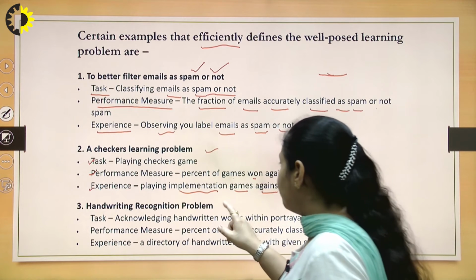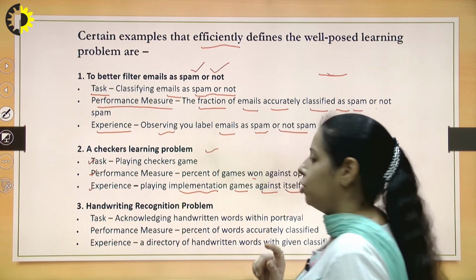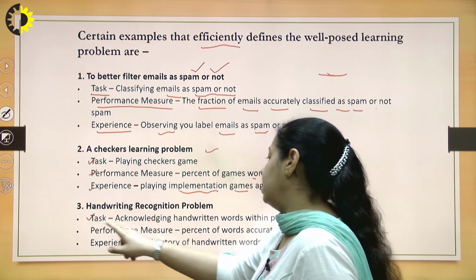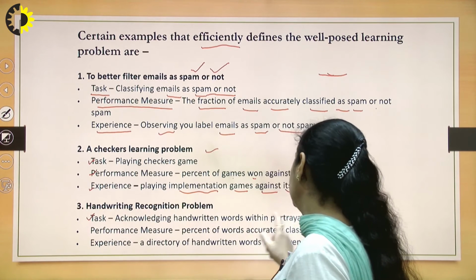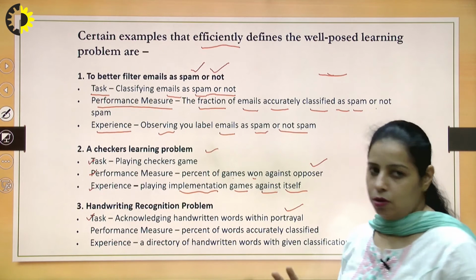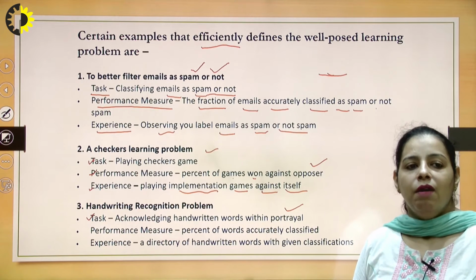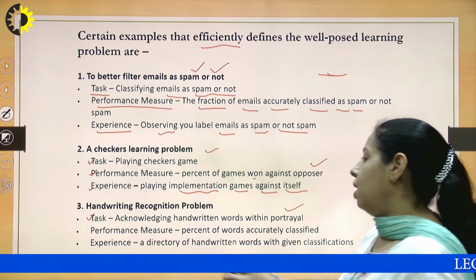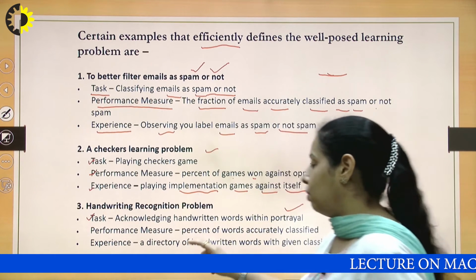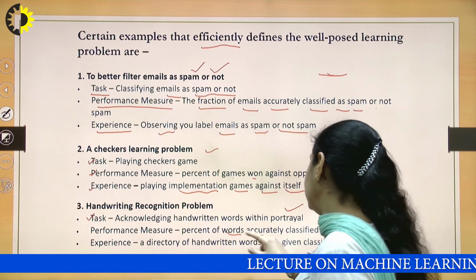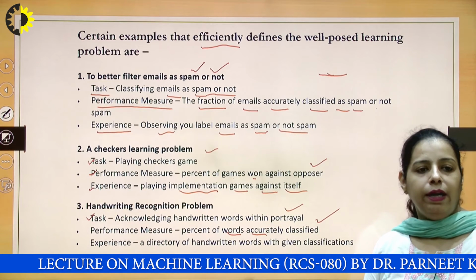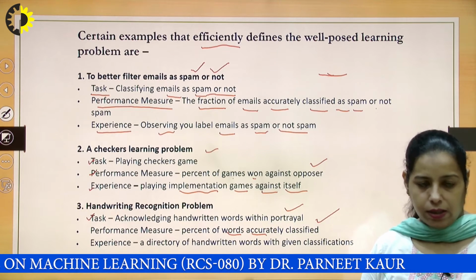Again, let's see another problem, the handwriting recognition problem. Here the task T is recognizing handwritten words within images. We have some sort of image where we want to find out what words have been handwritten. The performance measure P is the percentage of words accurately classified, that is, how many words have been accurately classified as handwritten words.